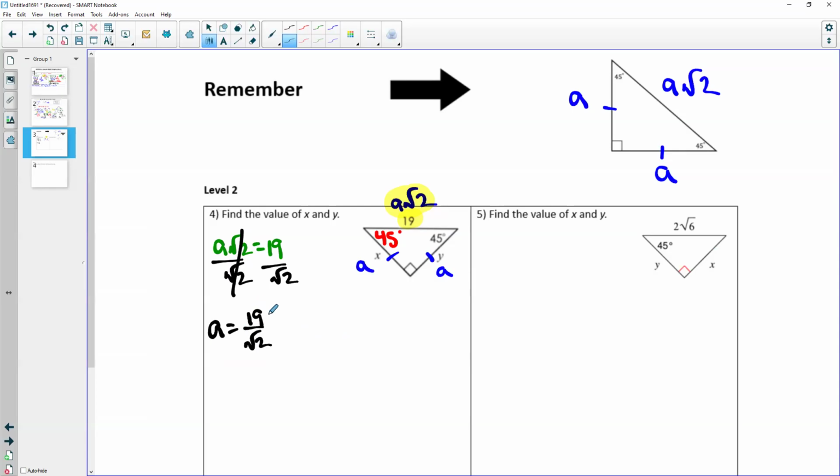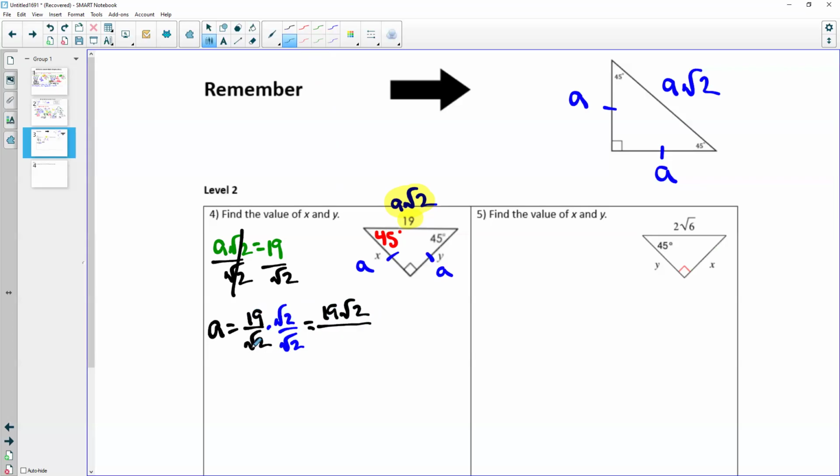Now, the only problem with this is we cannot have a square root in the denominator. So what we have to do is we have to rationalize this. The way that we rationalize the square root in the denominator is by multiplying the top and bottom by that same square root. So we're going to take this and multiply it by square root of 2 over square root of 2. What this does is we multiply straight across the top. This gives us 19 times square root of 2.